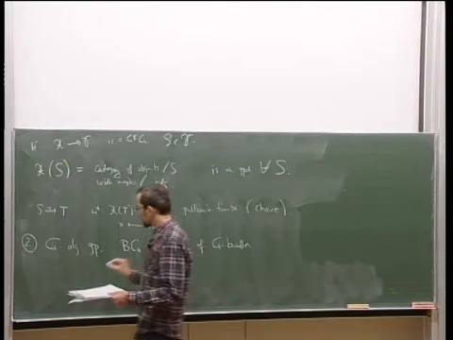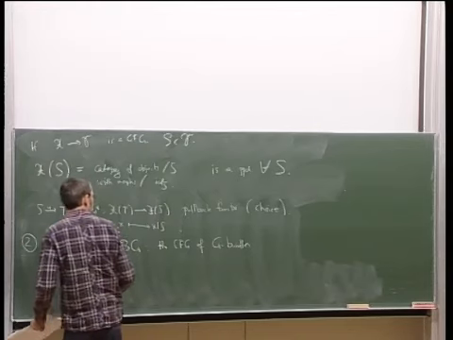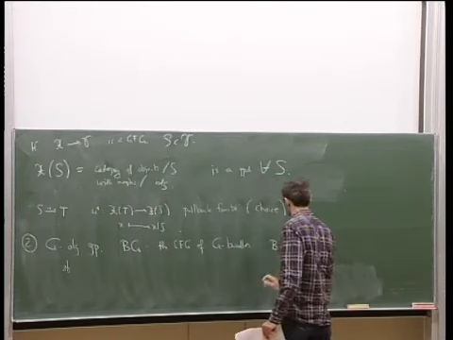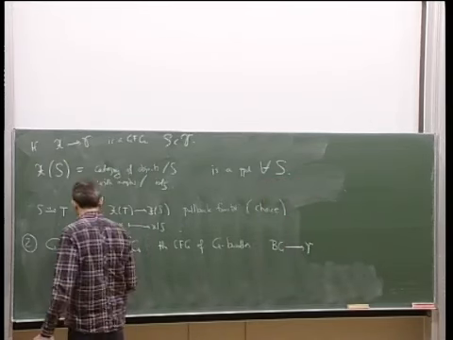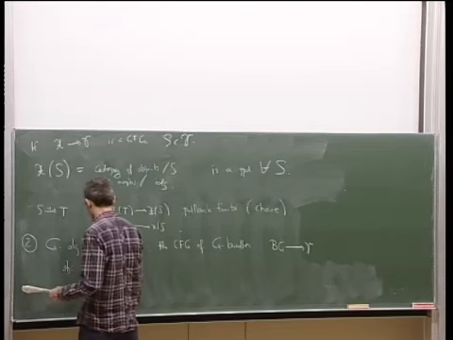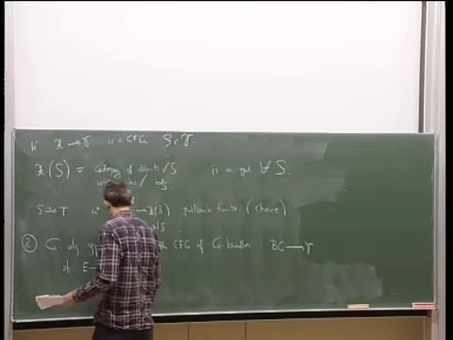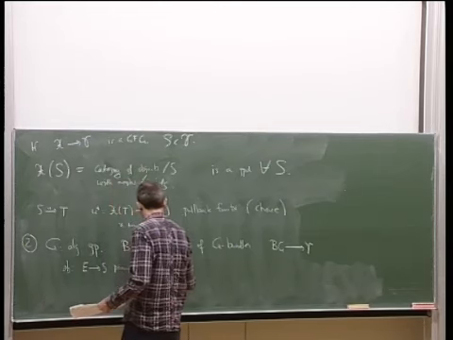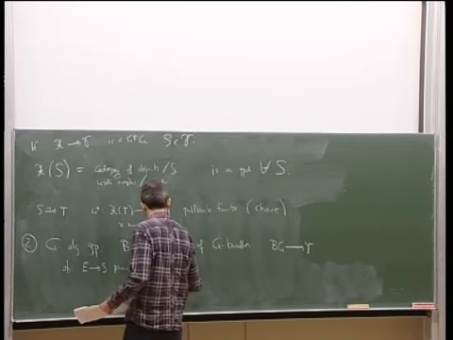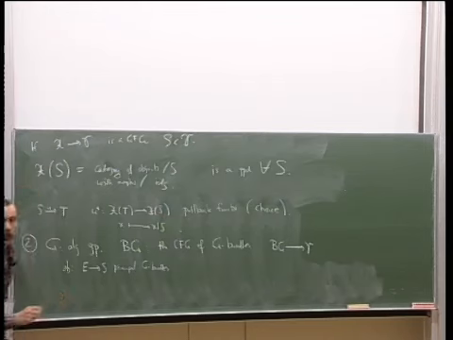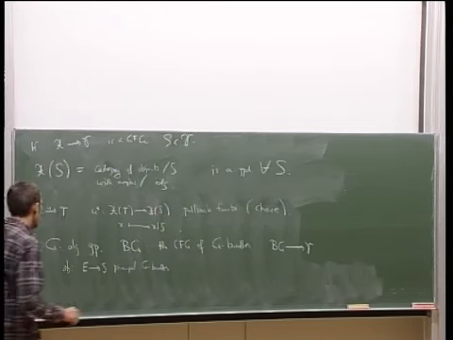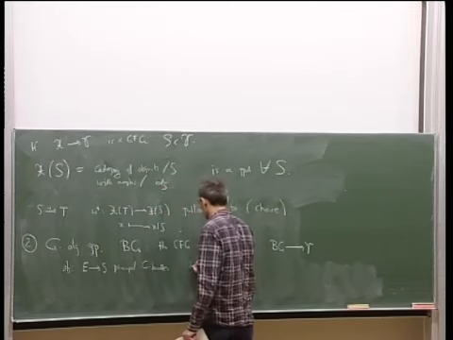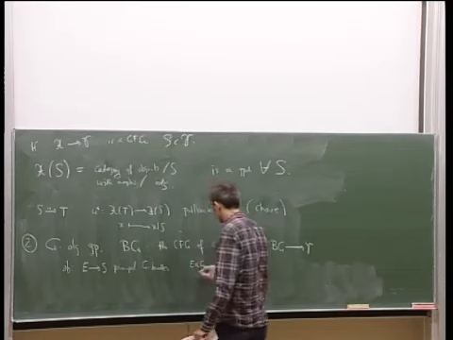So the objects, these are principal G bundles, E over S. Let's say they're on the right.